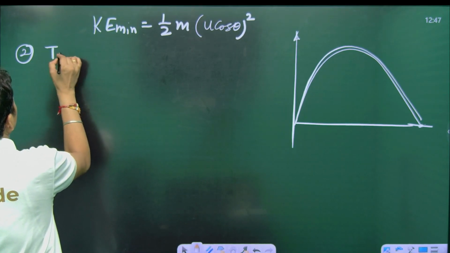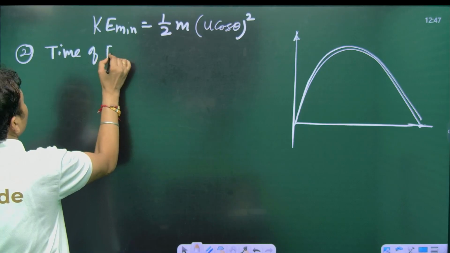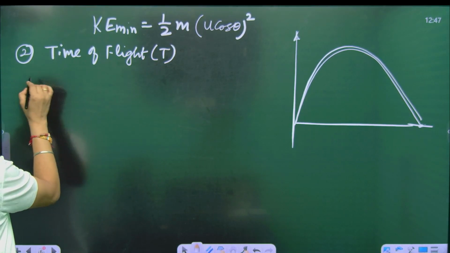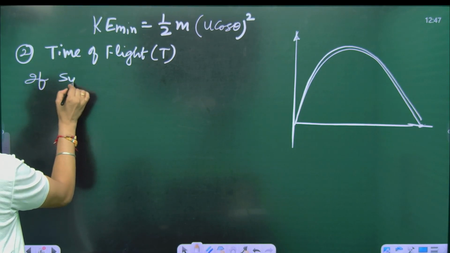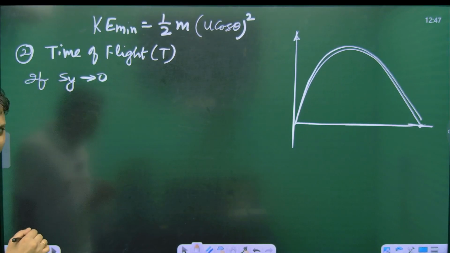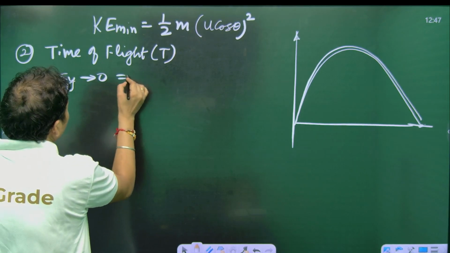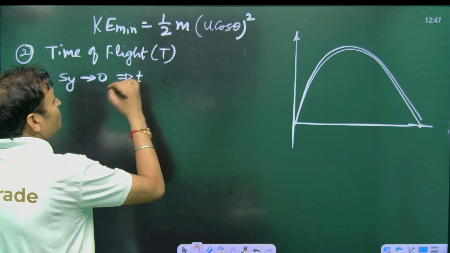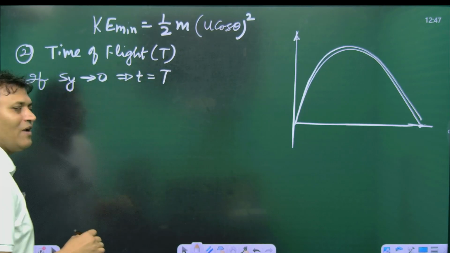So if Sy becomes 0, the displacement of the particle becomes 0, then the time taken during this motion of the particle is called the time of flight.